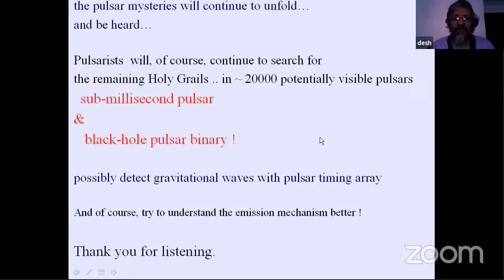As we know, Black Widow and Redback are binary millisecond radio pulsars. My question is, what makes their pulsar winds destroy their companion? I think the pulsar wind is actually a very powerful source, the energetics associated with it is almost comparable, as we have seen from the Crab pulsar, to the energetics in the magnetic dipole radiation.